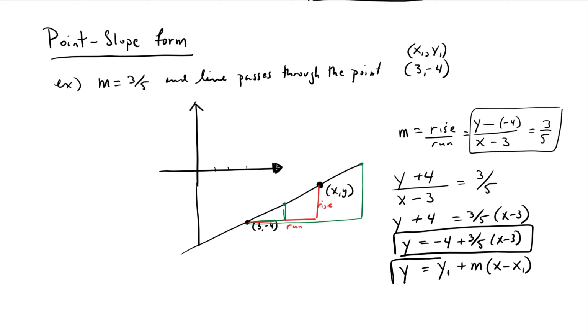So actually, this is the general form if I have a point (x1, y1) that belongs to my line, and a slope m. So this is called the point slope form.